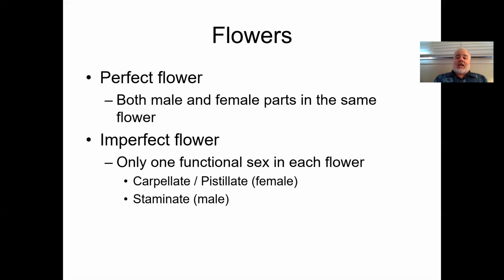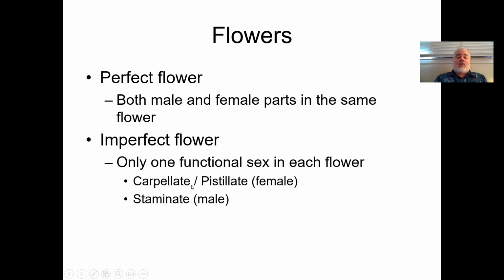It is perfect in that it has the ability to have all of the parts to reproduce, but it doesn't necessarily have the ability to reproduce on its own. Some flowers that are perfect might be incompatible with the male and female portions in that plant. They have to cross out with some other plant. Very important concept. But perfect flowers, whether they're self-compatible or not, have both male and female parts.